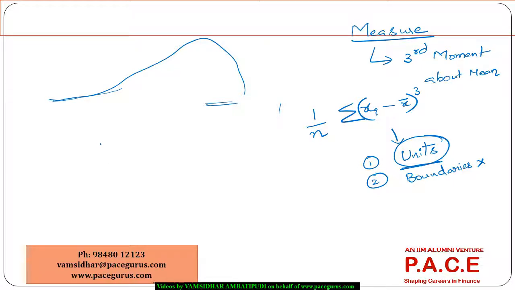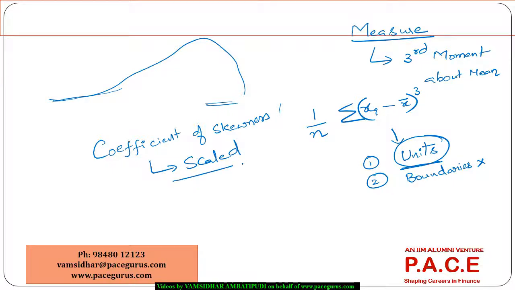That's the reason we come out with another important measure on top of it called the coefficient of skewness, which is a scaled version. We'll find the skewness, but we scale this moment by dividing it by the second order moment about the mean, which is nothing but the variance.